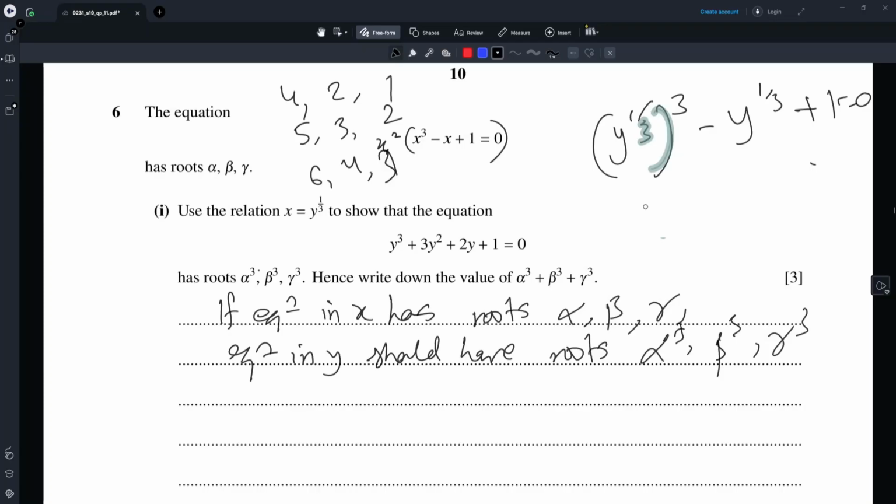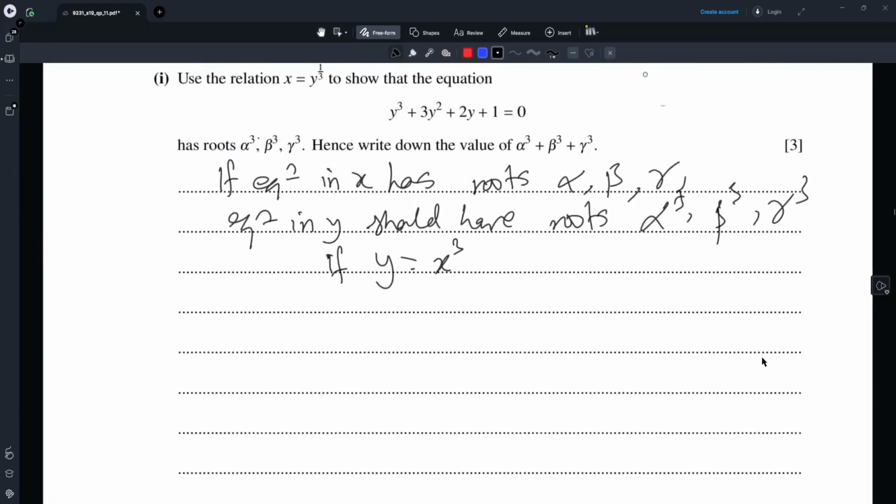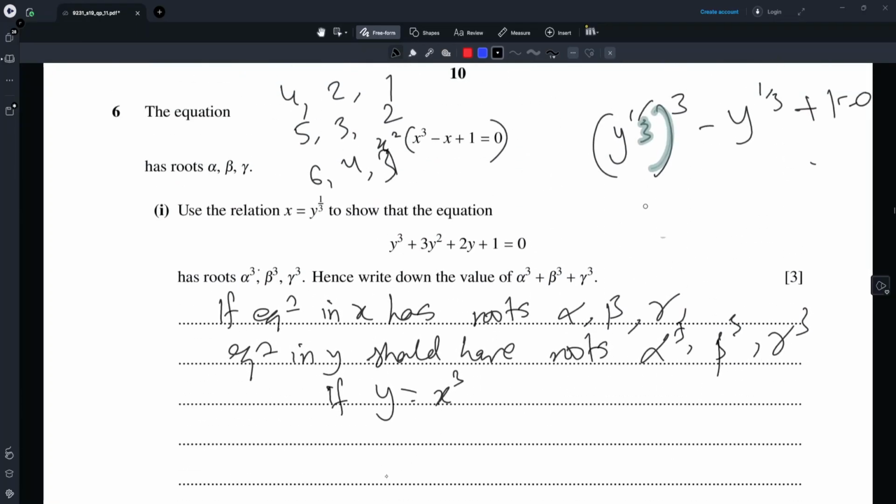I just want to make sure that I substitute when y equals to x cube. If I make use of this relation, I can get this equation. So as a result, I have to write it down like this.